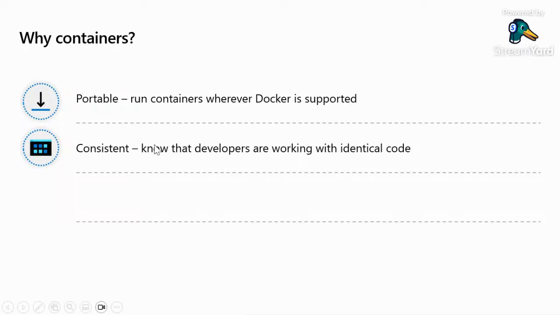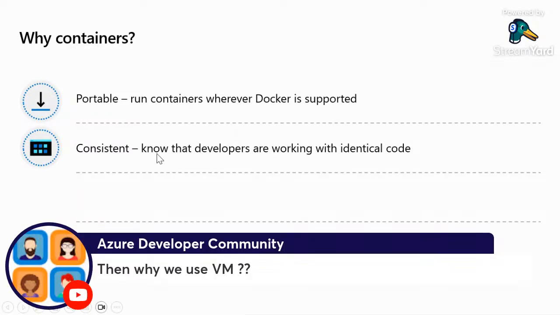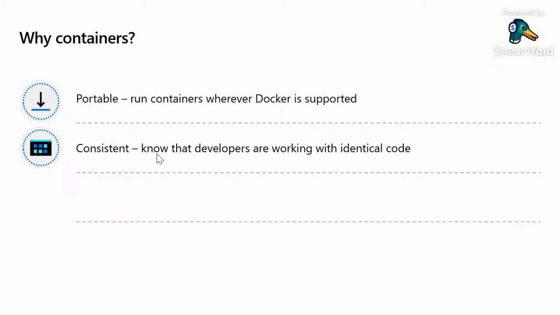Then why containers? The second point is that it is consistent. Okay, there is a question coming up: then why do we use VM? I will explain this part also in the later part of the session. Over here we were on the second point, which is consistency, knowing that developers are working with identical code.